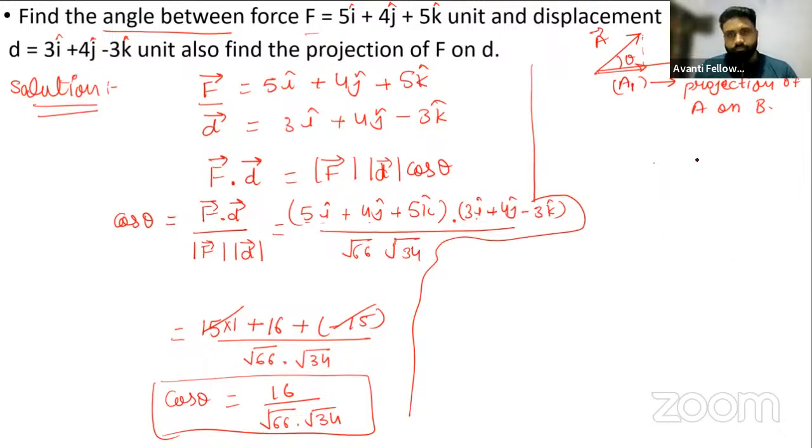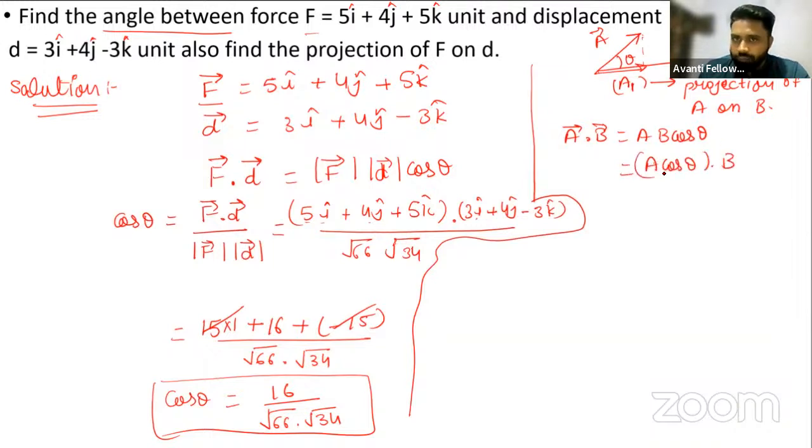Now, how to calculate this? With the help of dot product, A vector dot B vector is equal to AB cos theta. And let's say we have to calculate the projection of A, so we will consider it as A cos theta on B. Which means A cos theta we have to calculate, which is the projection of A on B. So take B on the LHS.